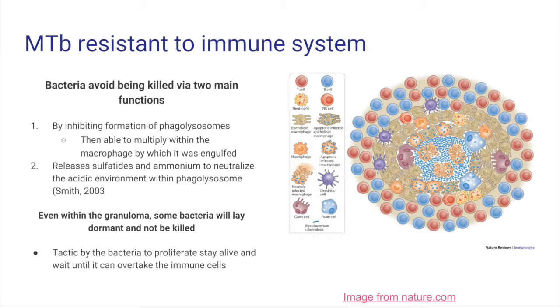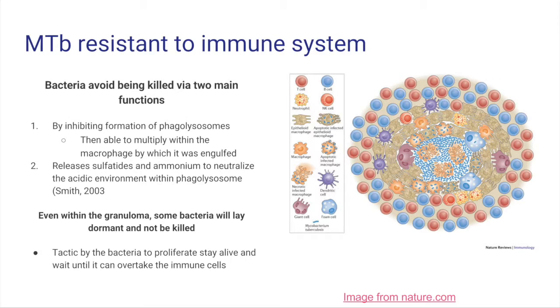The phagolysosomes, again, introduce that acidic environment, and if that acidic environment is not there, these bacteria are actually able to multiply. Even if that granuloma is formed around them, it actually gives them an environment that is warm, that has nutrients, and they can proliferate to the point of bursting within that granuloma. So they try to inhibit the formation of the phagolysosome.